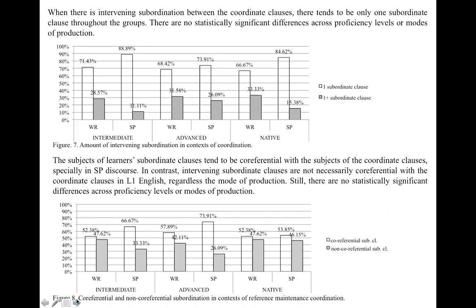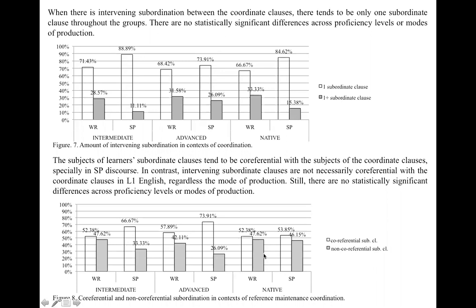And then in figure 6, what we have is a result for referentiality. So when there is intervening subordination, is the subject of this subordinate clause co-referential with the anaphor, with the subject in the main clause, in the coordinate clauses that we're looking at? Well, interestingly, the subjects of the learners' subordinate clauses tend to be co-referential with the subjects of the coordinate clause, especially in spoken discourse, as we can see in this graph.